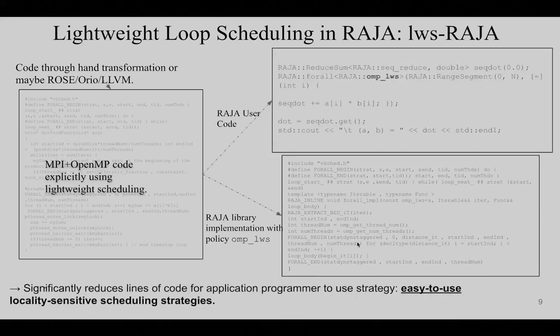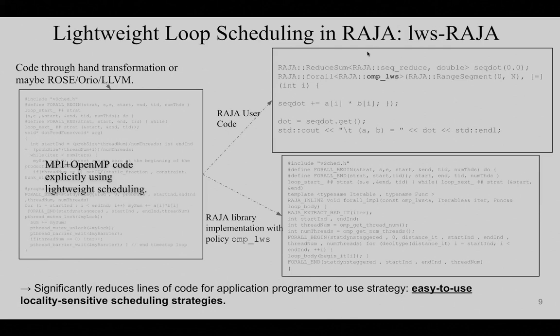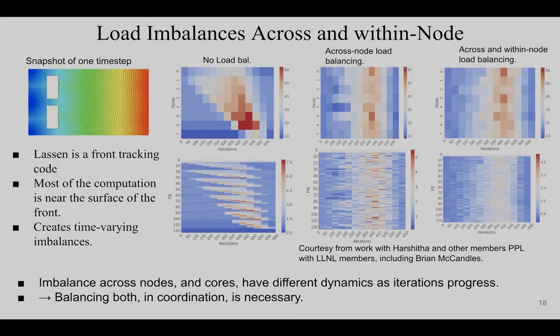And this is the key application code that the scientific application programmer would use. So the lightweight scheduling is calling this code, and now we have more easy to use locality-sensitive scheduling strategies, and it improves portability.